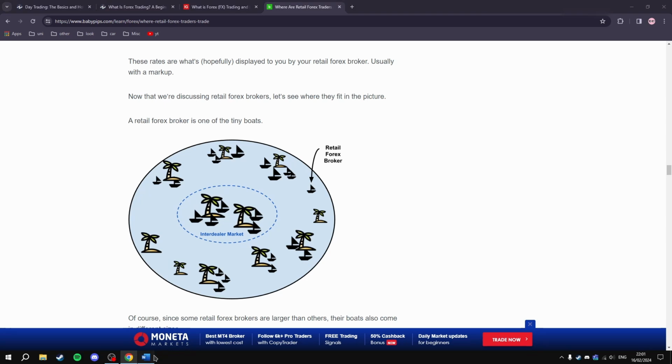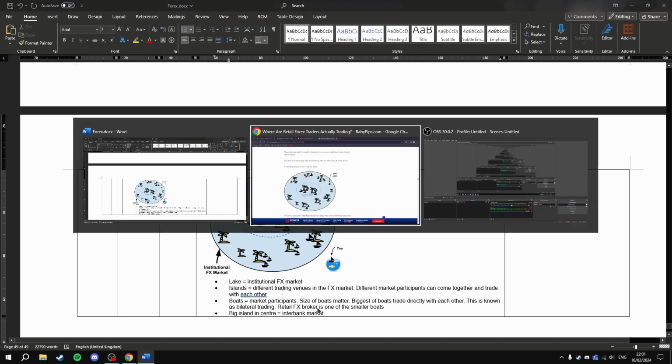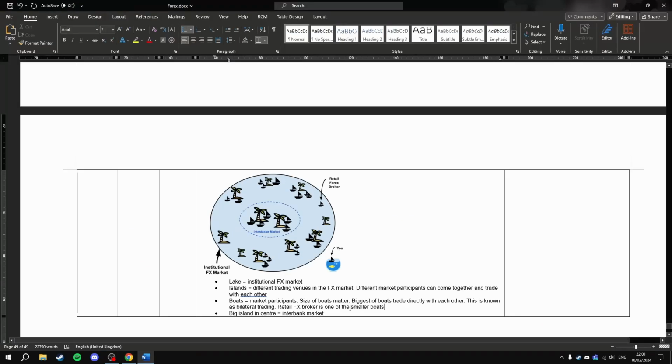A retail forex broker is one of the small boats. Tiny boats, not smaller, tiny.